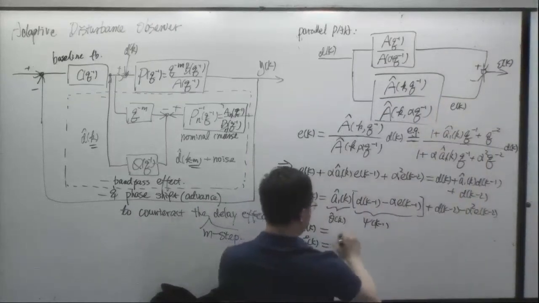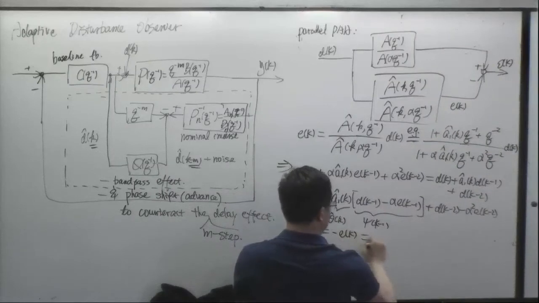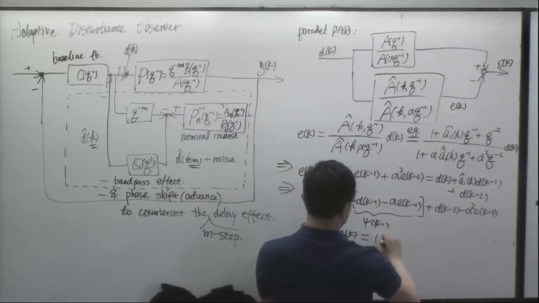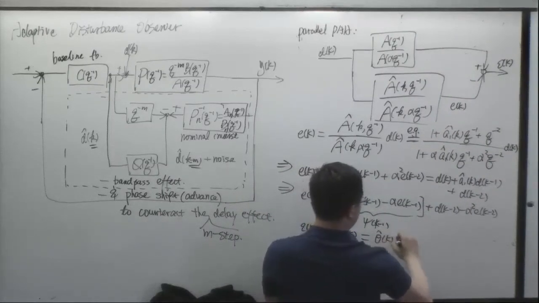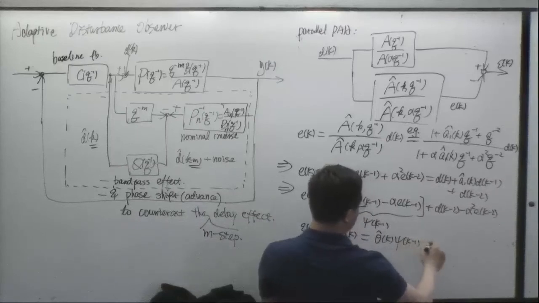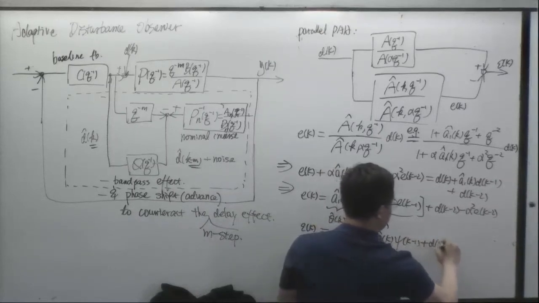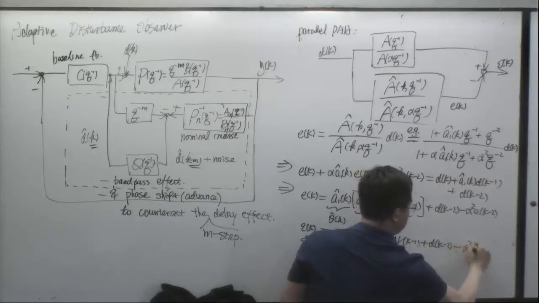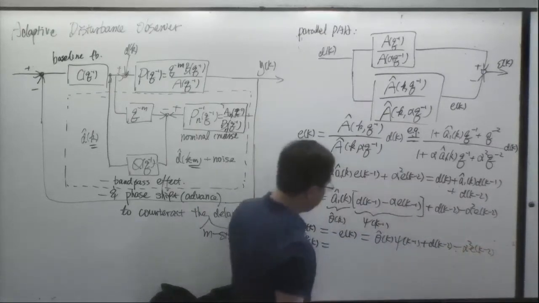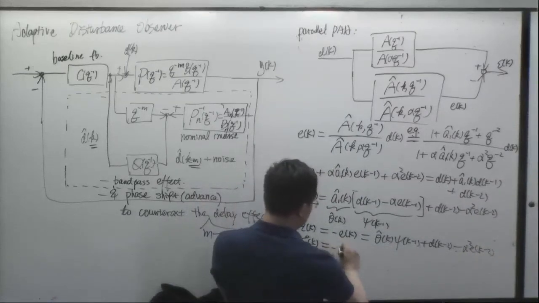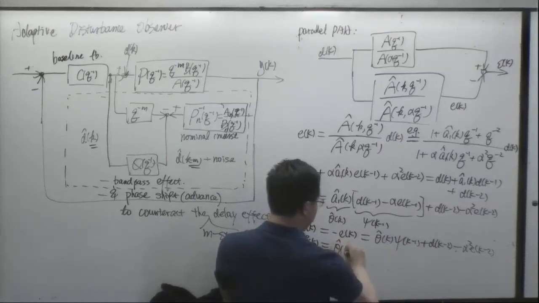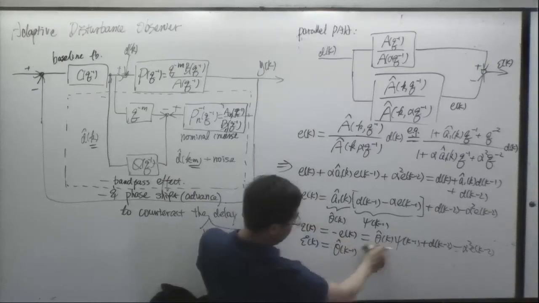So it is negative Ek and theta phi k minus 1. Okay, and then this is the a priori. It is just to replace this with k minus 1.